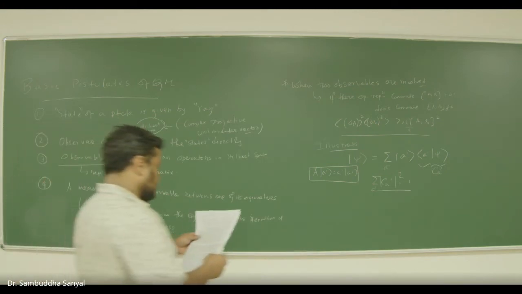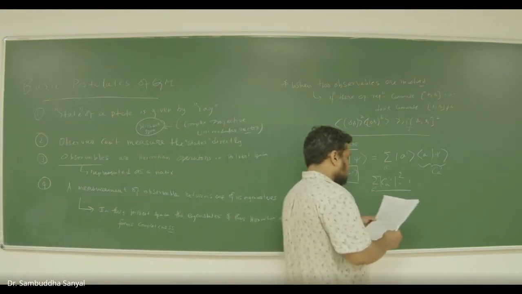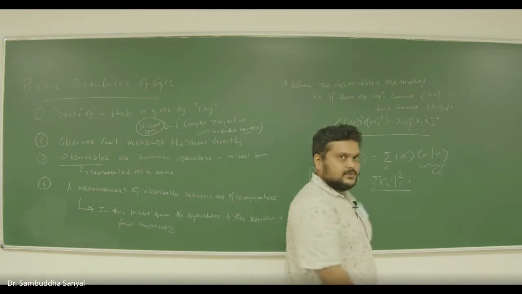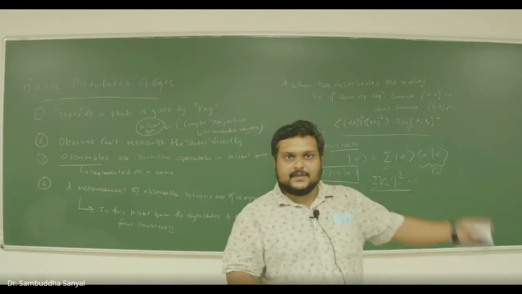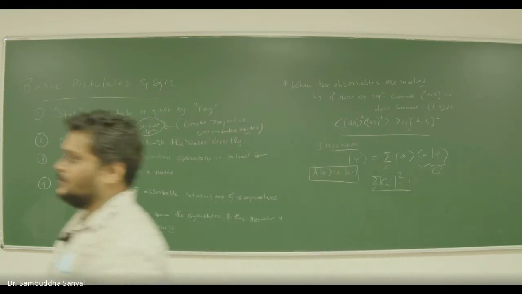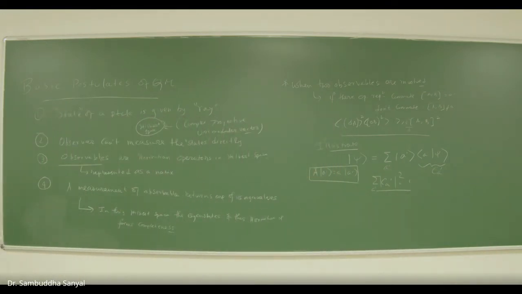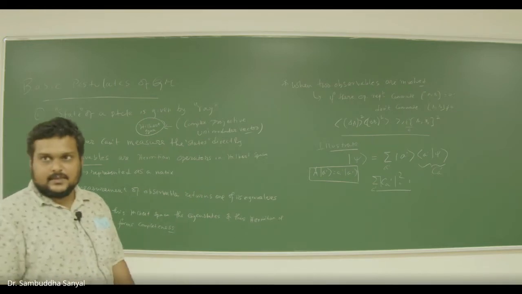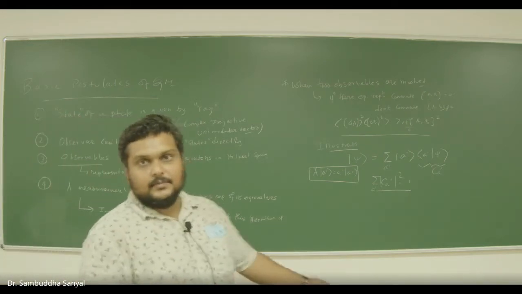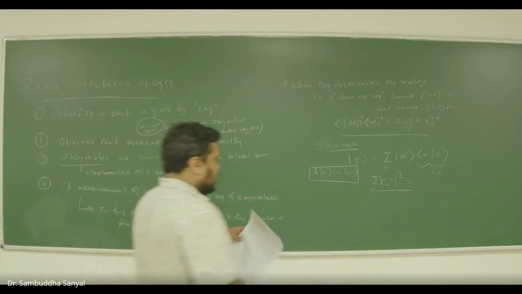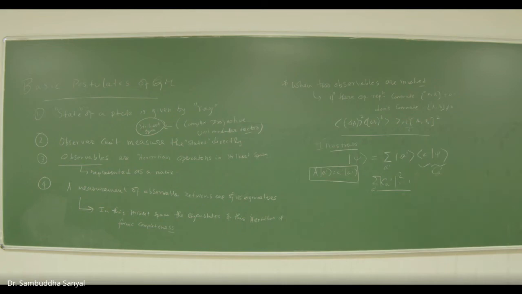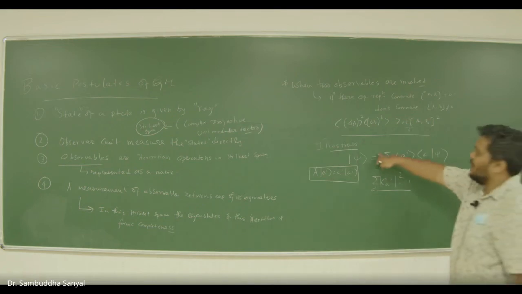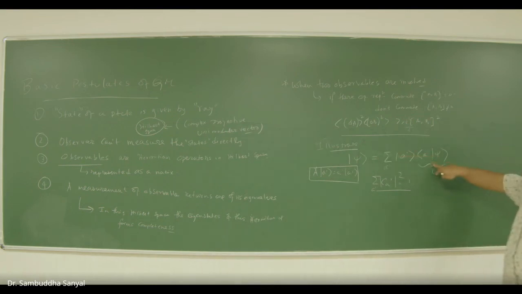Now we also learned some subtle things about this. For example, there could be an arbitrary phase factor which doesn't matter. These probability amplitudes are invariant up to an arbitrary phase factor transformation because the physical observable is probability, which is the square of that. And we also know that these arbitrary phase factors can be local or global, which means you can put an arbitrary phase factor either here or at each of these terms.